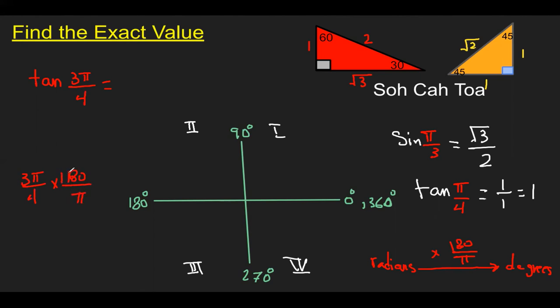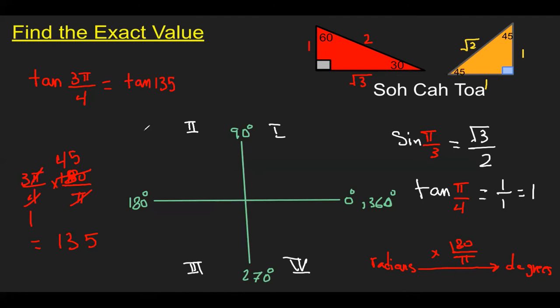That's 180 right there. Now the pi's would cancel. Four reduces to 1 and 180 to 45. Now 3 times 45 is 135. So we could switch this to tan 135.